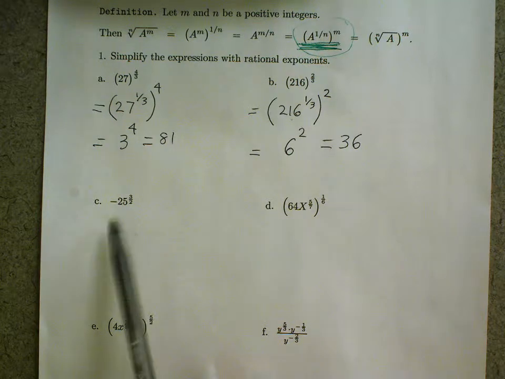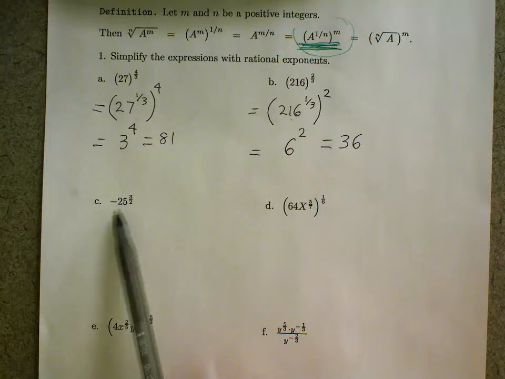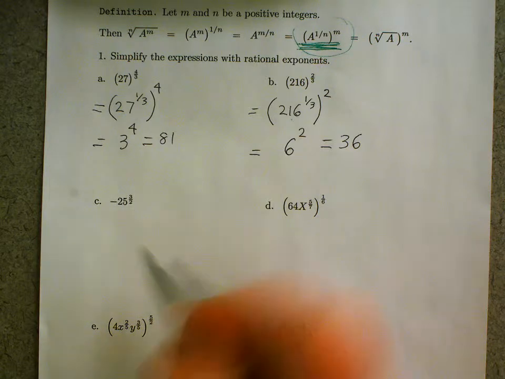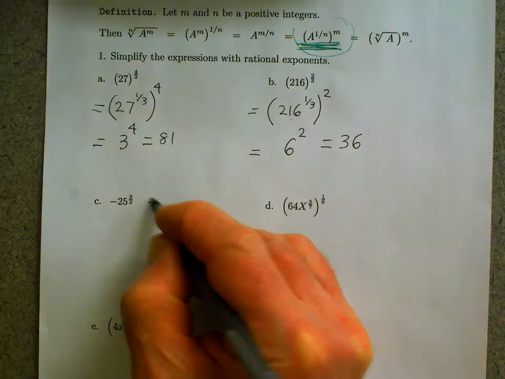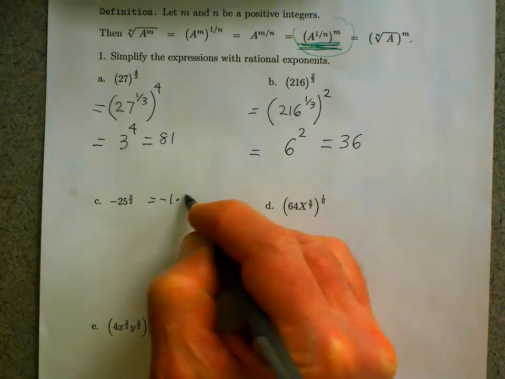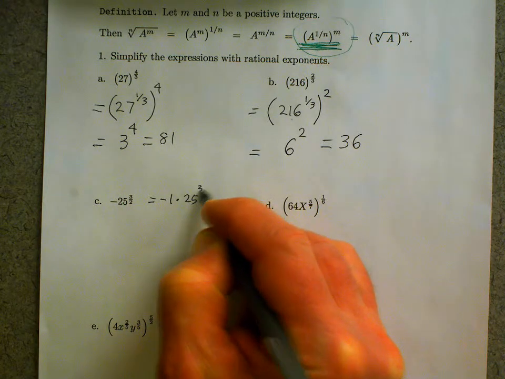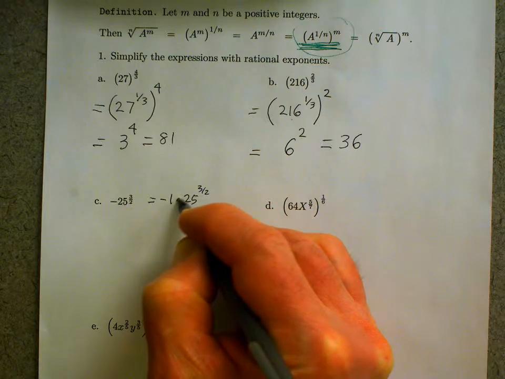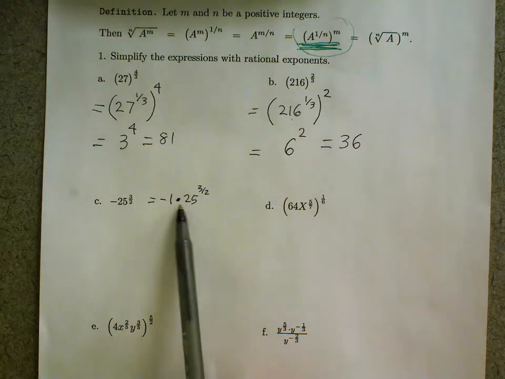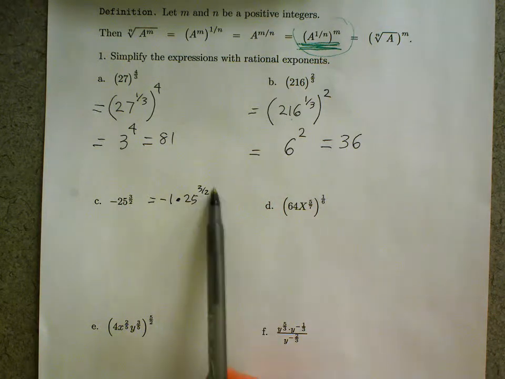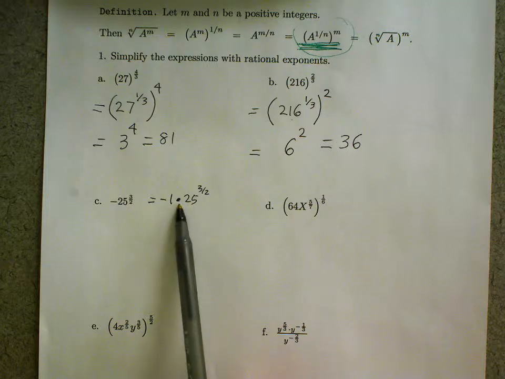So another way to say this is that it's the negative of 25 to the 3 halves. It means the same thing as negative 1 times 25 to the 3 halves. And then if you remember the order of operations, we evaluate exponents before we multiply.